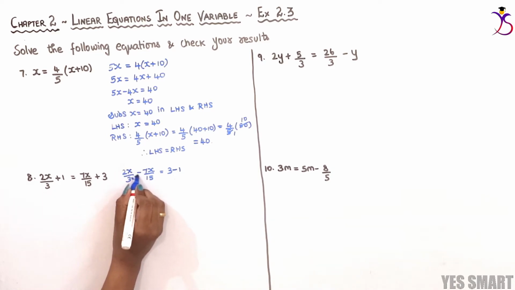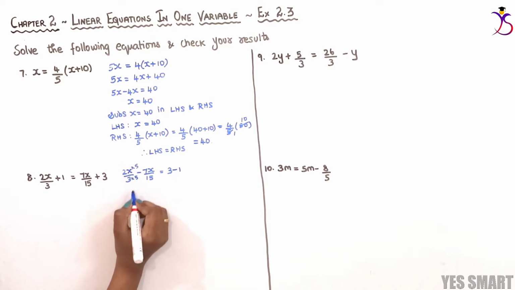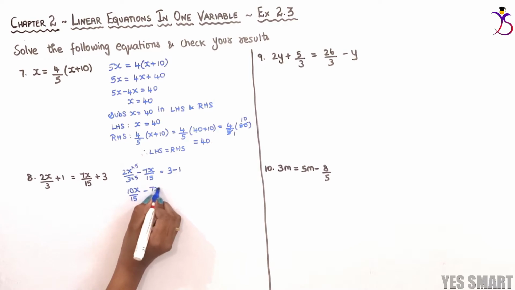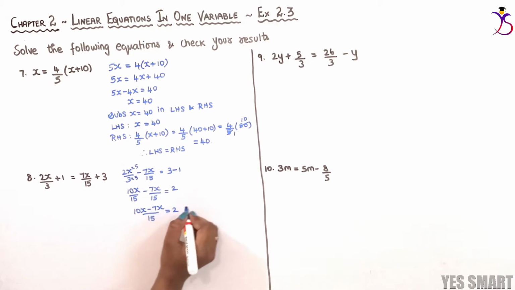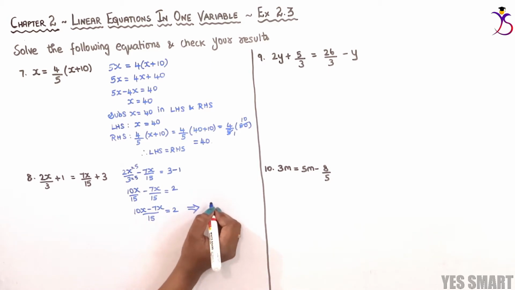We multiply by 5 with this fraction. 2x into 5 is 10x by 15 minus 7x by 15 equals 3 minus 1, which is 2. Since it is the same denominator, we can combine and write 10x minus 7x by 15 equals 2. 10x minus 7x is 3x. So 3x by 15 equals 2.